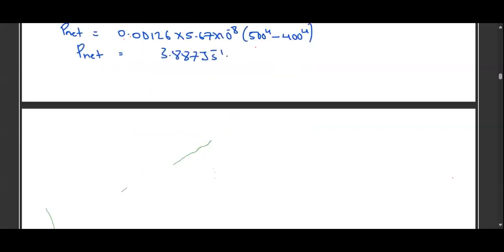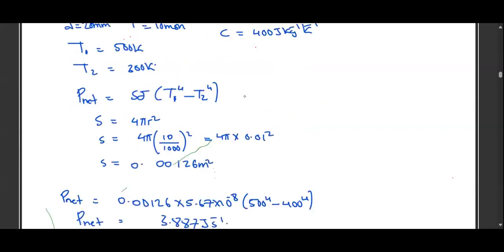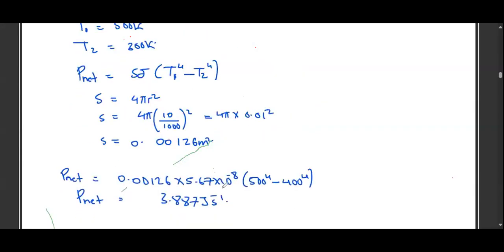But remember that heat lost by the copper sphere can still be given by mass times C times change in temperature. Whereby our mass is given by volume times density.